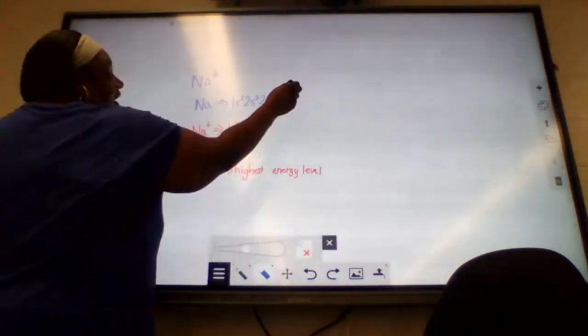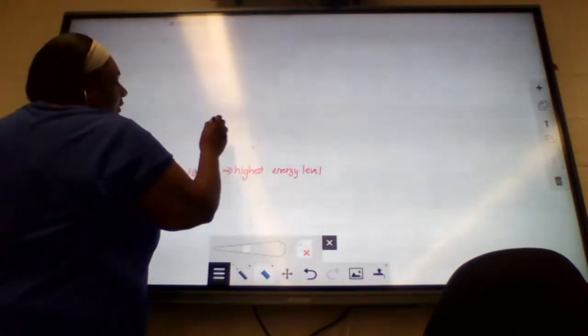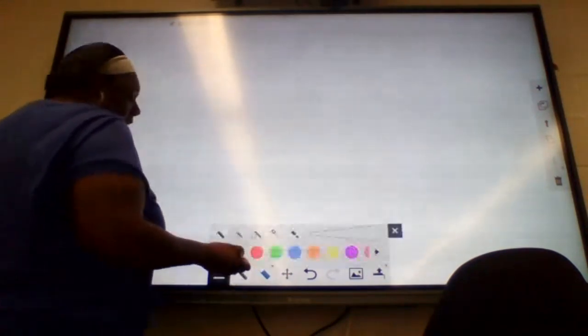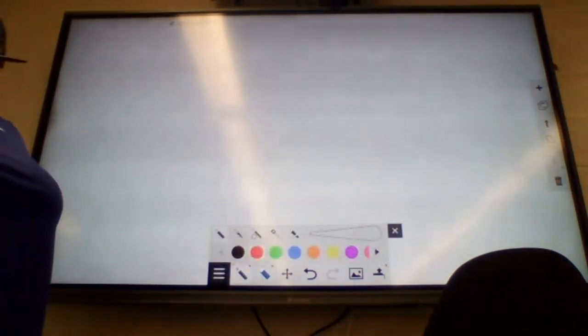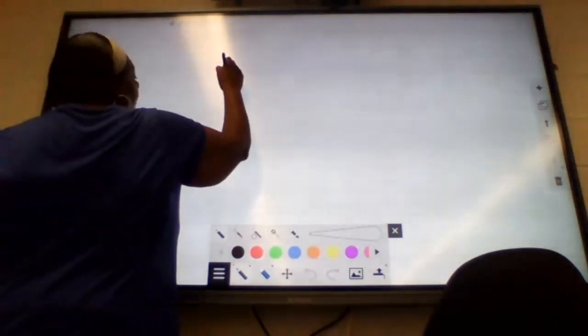But let's say we choose a transition metal. Instead of working with something in column 1, let's say we choose a transition metal. So I'm going to choose the transition metal cobalt.